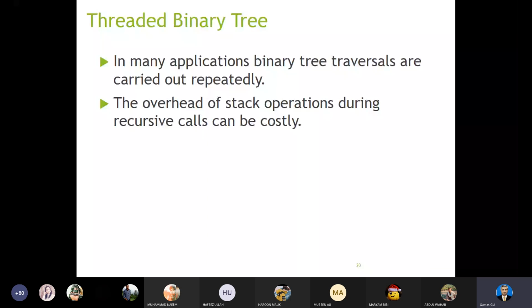So if you call a function again and again, the stack will be populated again and again. So this will not only take more memory resources, but also this will take more processing time. That's why I'm saying that this is an overhead. This is a cost of the program.